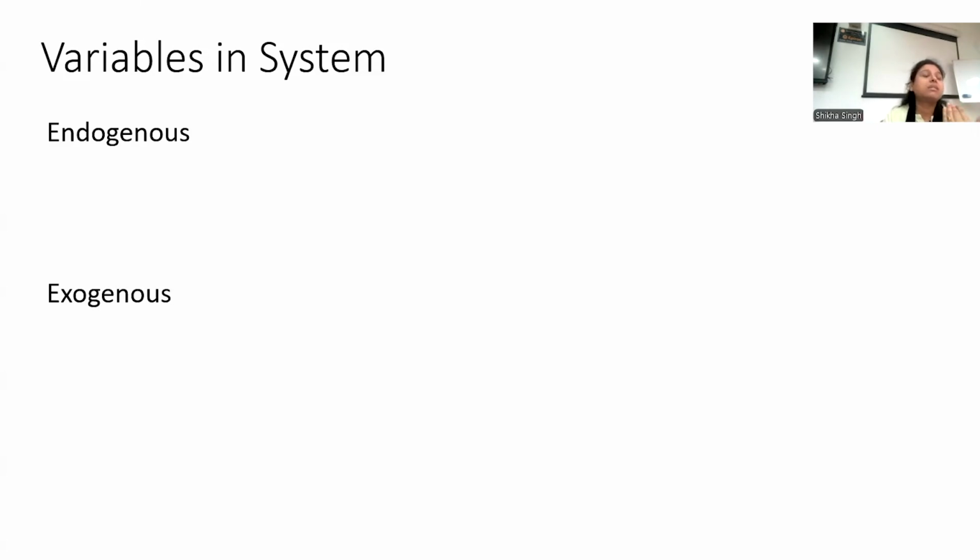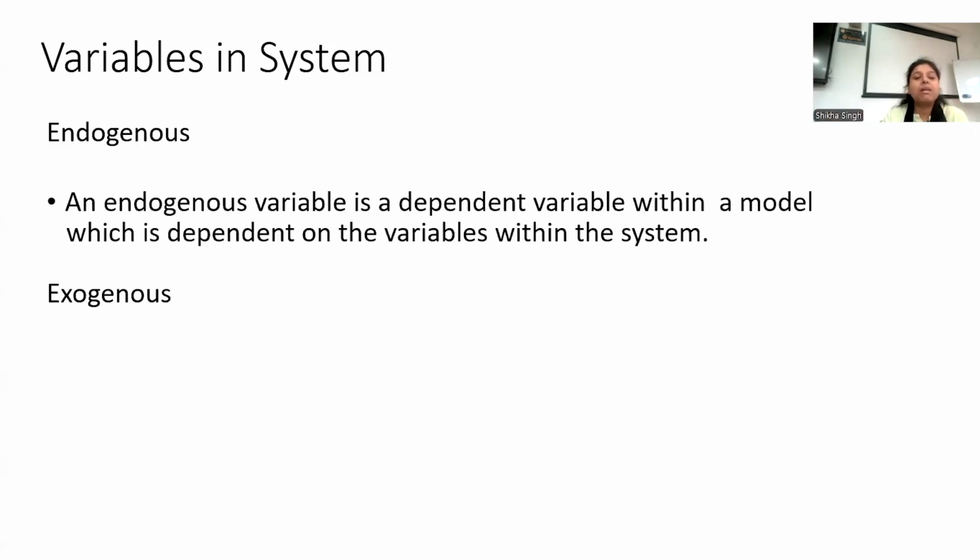Endo means depending on something internal, exo means depending on something external. So an endogenous variable is a dependent variable which depends on the variables within the system, right? Somehow it is getting impacted by the variables which are within the system.